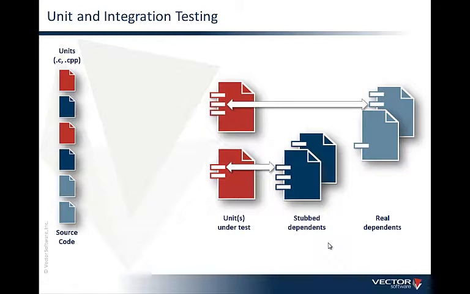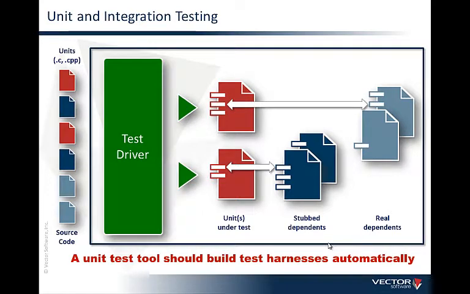Our code under test might want to call real third-party object code. That could be the BSP, it could be the RTOS, it could be some third-party library. And in order to make an executable application, we will need a test driver that will provide the main, that will provide the test case input data, and that will collect and make available the test case output data items for verification.